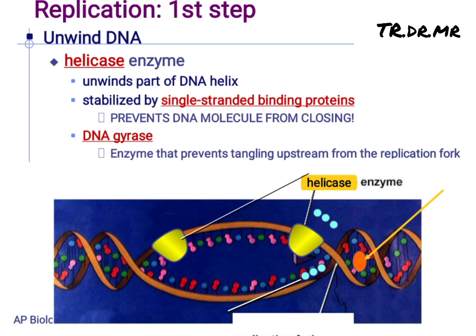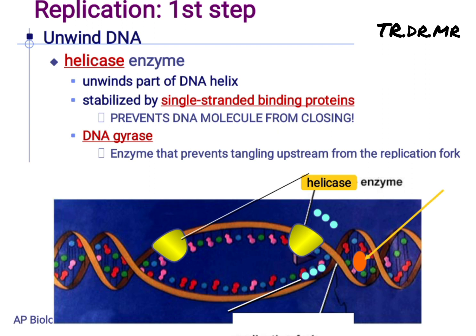Otherwise, if you leave it open like that without those single-stranded binding proteins, one, it is most likely to reform again, so the molecule will close. Then two, it might be worked on by endonucleases, which might cause mutations, so those enzymes might start cutting it down before we replicate.